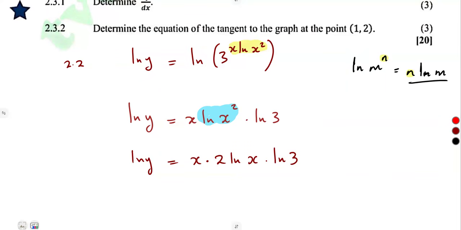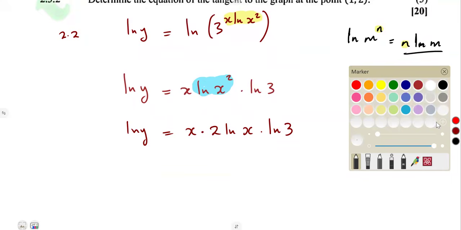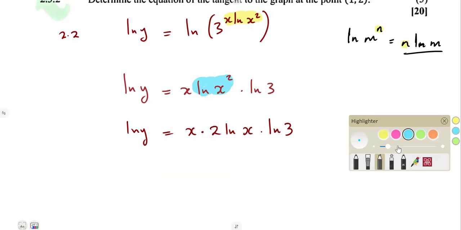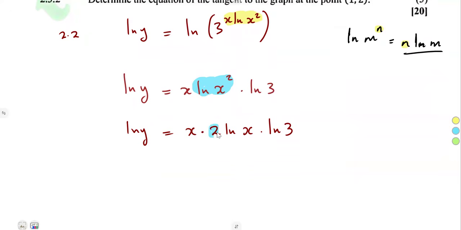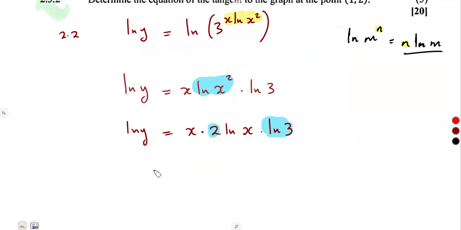We can differentiate. All right, so take note, 2 is a constant, and also the ln of 3 is a constant. These can be simplified. We can use our calculator, simplify 2 ln 3. So it's a constant. We can just write it as a single number, just like the ln of y is equal to 2 ln 3.